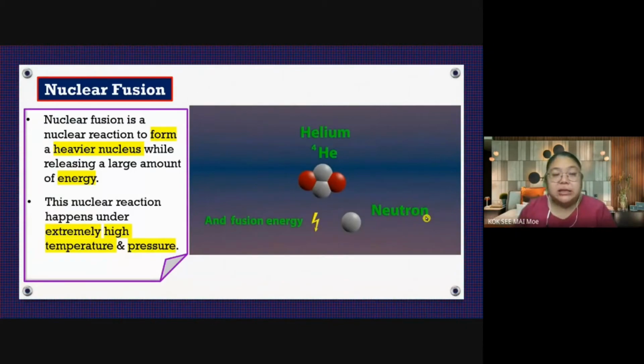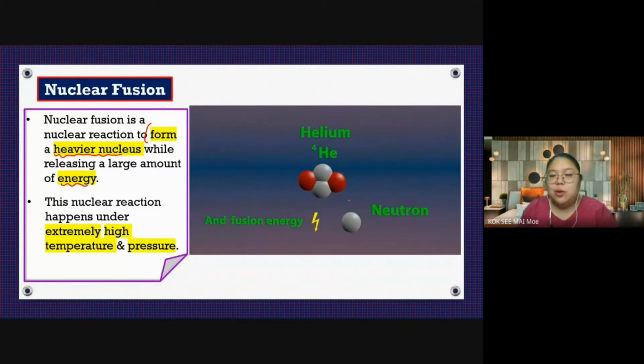Okay, now we're going to see the explanation for fusion. Nuclear fusion is a nuclear reaction where they form a heavy nucleus while releasing a large amount of energy. Just now it was split, this one they want to form, that means they want to combine. Okay, when they combine, they also produce a large amount of energy.